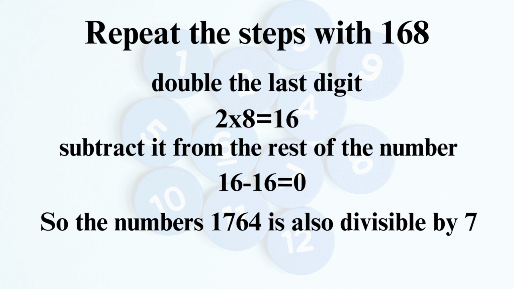If we look at the last digit, it is 8. We double it, we get 16. The rest of the number that is left is 16 minus 16, that is 0. And if it is 0, that means this full number is divisible by 7. That means 1764 is also divisible by 7.